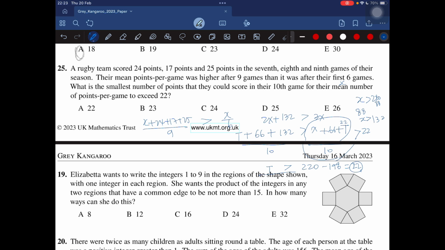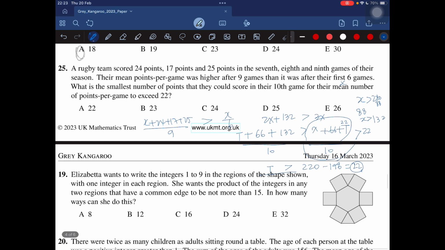So this doesn't make sense, because here we found x is smaller than 132, but now it says x is larger than 132. So there is no x which satisfies both. So this cannot be. So let's try again 24.